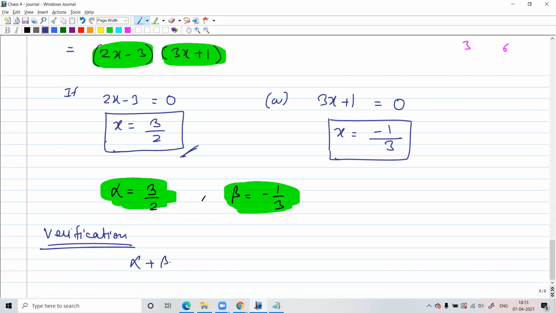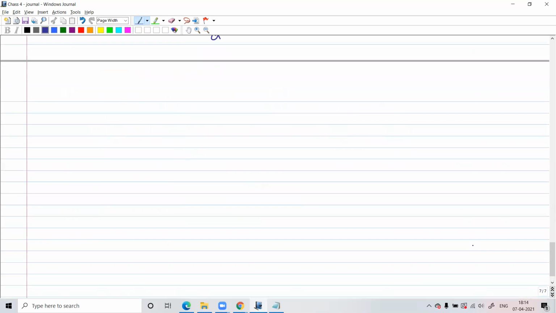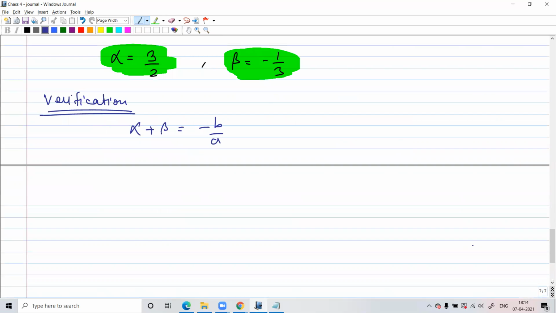We'll say alpha plus beta should be equal to minus of b by a. Alpha is 3/2 plus beta is minus 1/3.